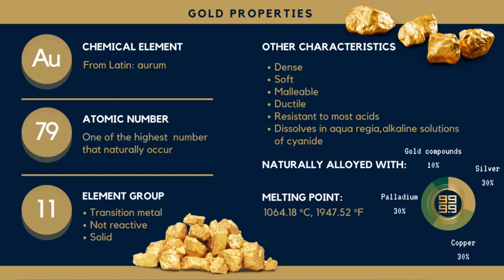If we mix one part of nitric acid with 3 parts of hydrochloric acid, the solution obtained is called aqua regia. Gold dissolves very easily in aqua regia and also in an alkaline solution of cyanide ion. The solution obtained is alkaline and gold dissolves very easily in cyanide solution. Naturally alloyed with palladium, melting point 1064 degrees Celsius.